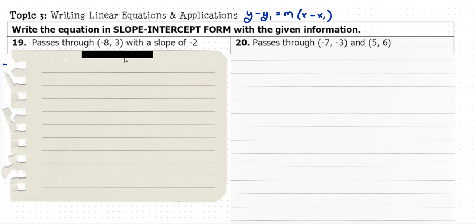This one already gives us our slope, so -2 is equal to our m, and then (-8, 3) is our x comma y.